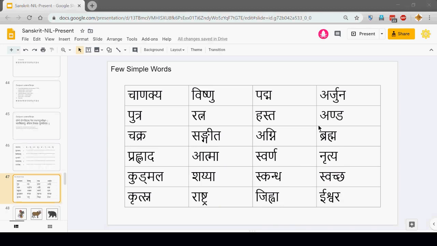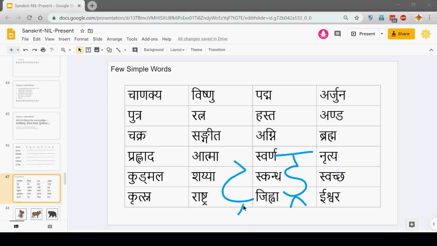That kind of symbol is used when the previous consonant doesn't have a vertical line, like it has a stem hanging, like da. So if you want to write dra, it can be written like this, dra.